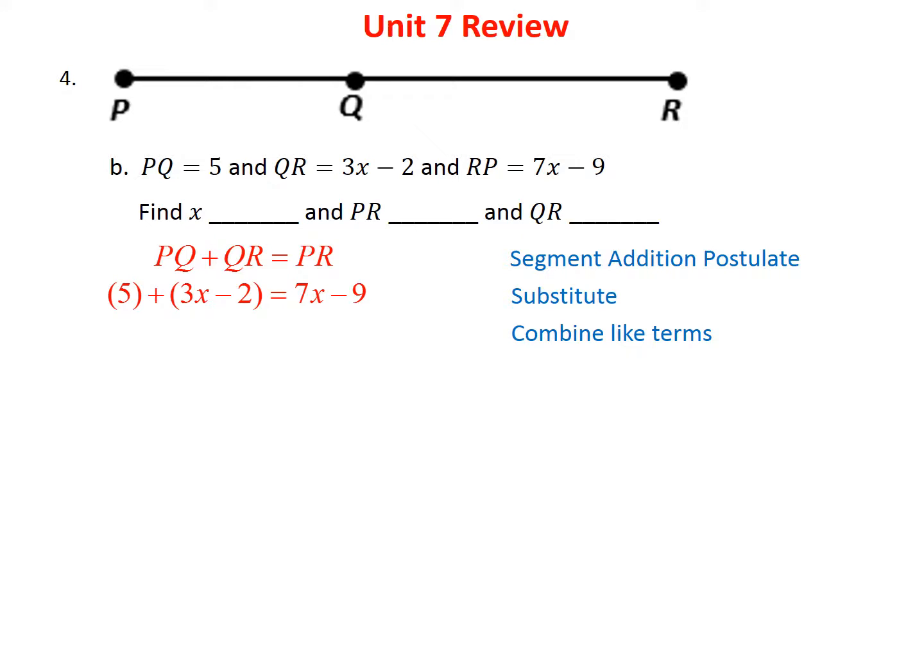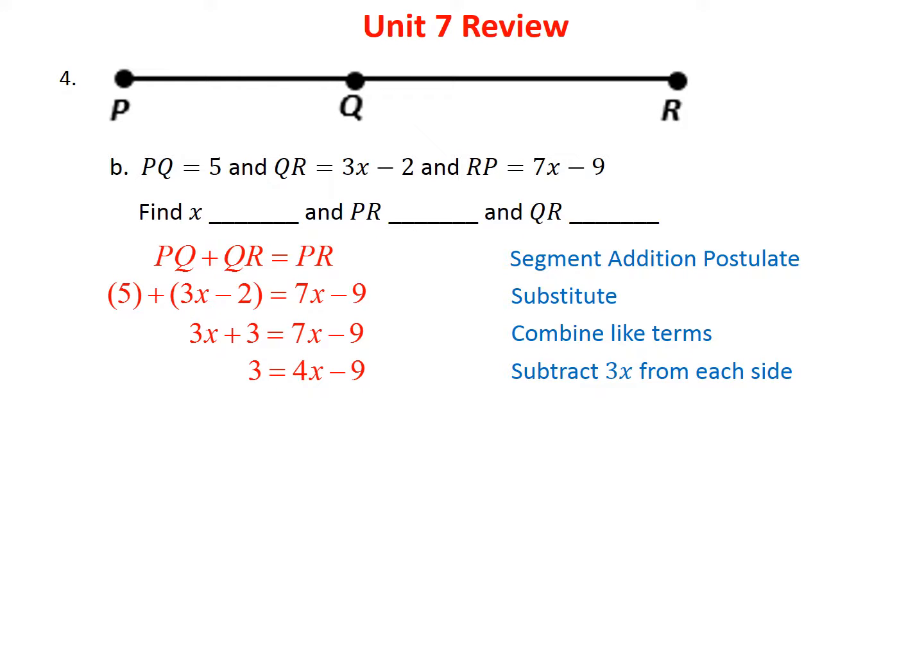So let's start by combining terms. We can only combine terms on the left side. 5 minus 2 is 3, so we have 3x plus 3 equals 7x minus 9. Now to solve any equation, we want to get all the variable on one side and the numbers on the other. So let's get all the x's on the right side. That'll keep them positive. So I'm going to subtract 3x from both sides.